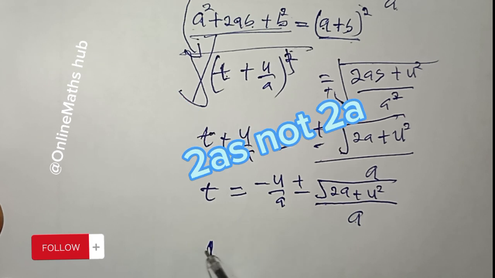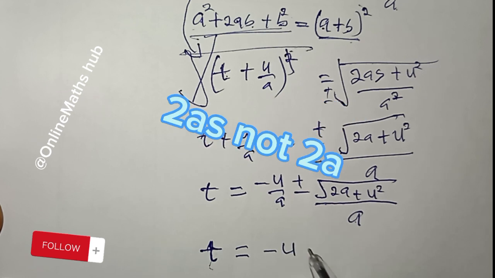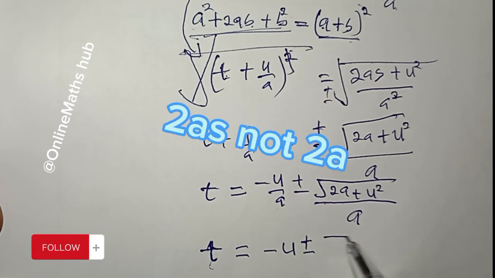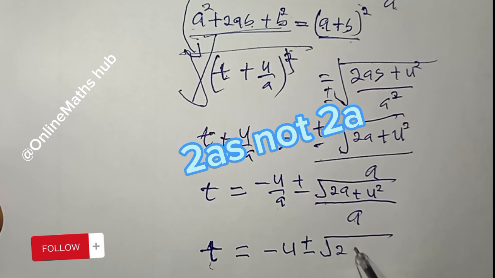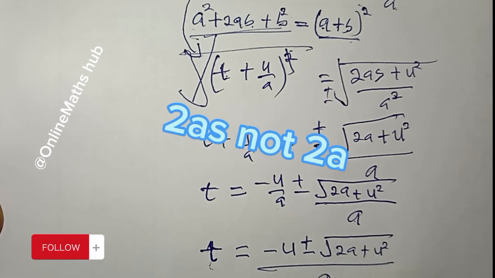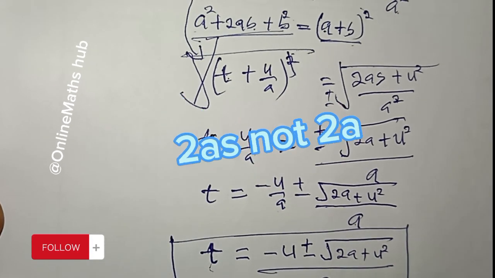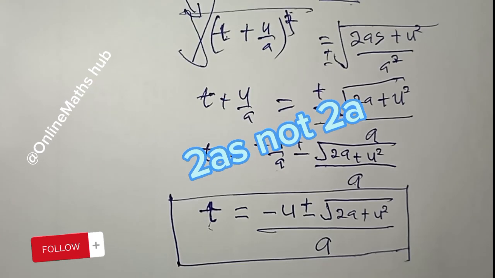So my final answer for t will be equal to minus u plus or minus the square root of 2as plus u squared, and all is going to be divided by a. This is the expression for t, and of course, that is the final answer.